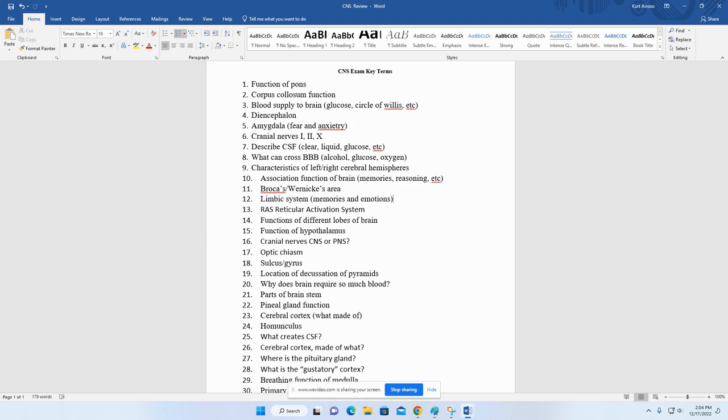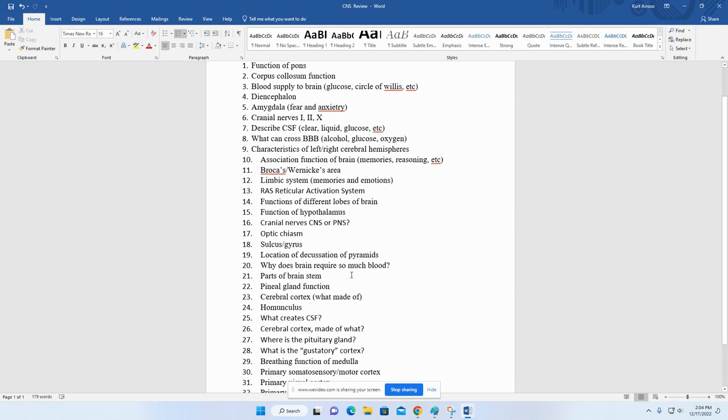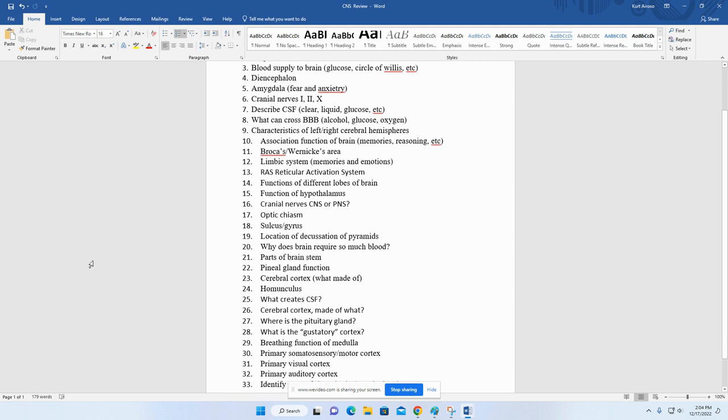Functions of the hypothalamus. Remember, it has a bunch of functions. It controls the pituitary gland, which is the master gland. It controls the thyroid gland and also the sex glands. It controls the autonomic nervous system. A lot of you put homeostasis.